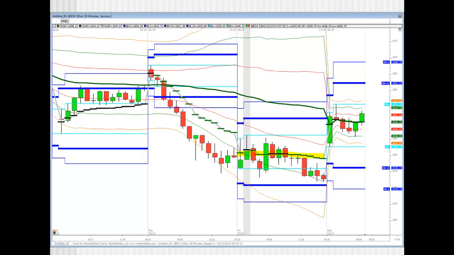Also, if I take a look at prices, when they get out to the third standard deviation, and I see a close above this third standard deviation, like we do here, and a higher high, the chances are we are going to begin to head towards the weekly VWAP for a test of that weekly VWAP.